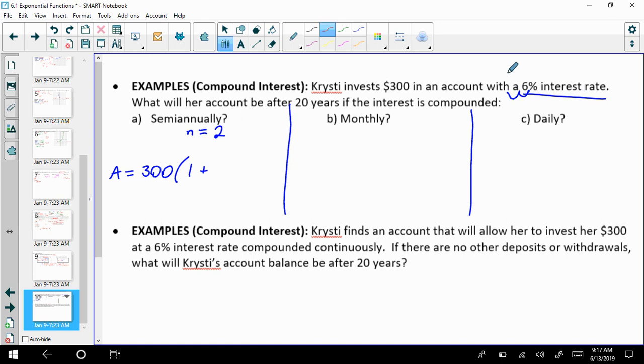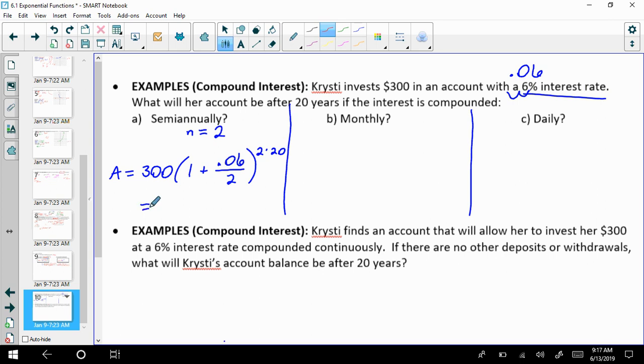So 6% as a decimal is 0.06. That's what I want to use in my setup. And then we want to divide by n, so 2. And then we're raised to the n times t, so 2 times, and my time involved was 20 years. So this is what we would want to evaluate in the calculator.